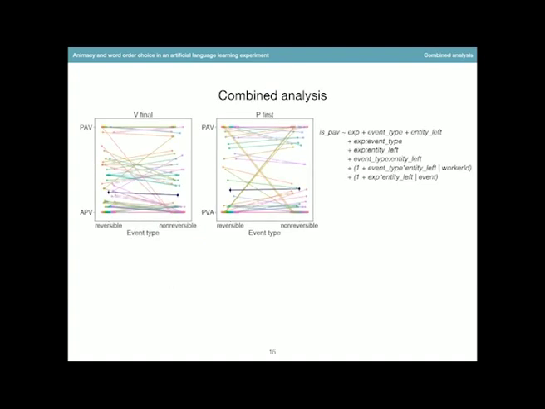So the final thing we did was we conducted a post hoc analysis of the data combined from all 3 experiments. This was a model we used to analyse the data, so this time we did include orientation. We had to have some kind of proxy for orientation in the third experiment. So what we found was in the V-final language, there was overall a significant main effect of event type.